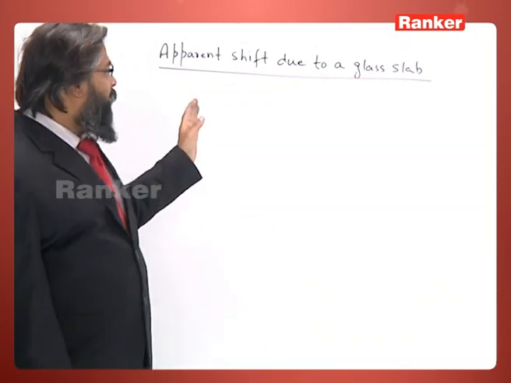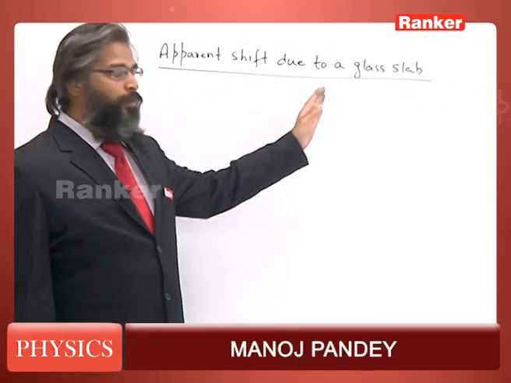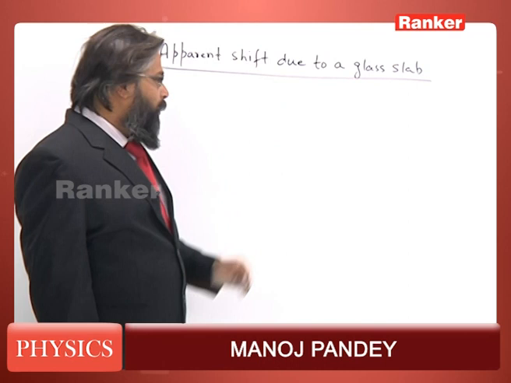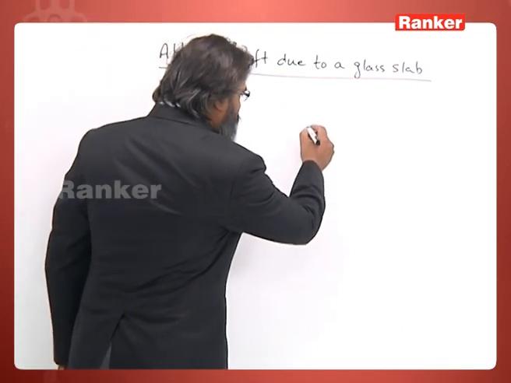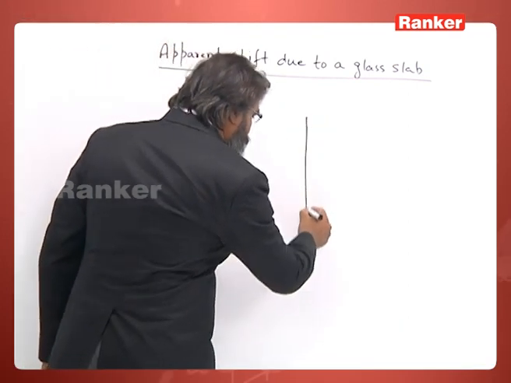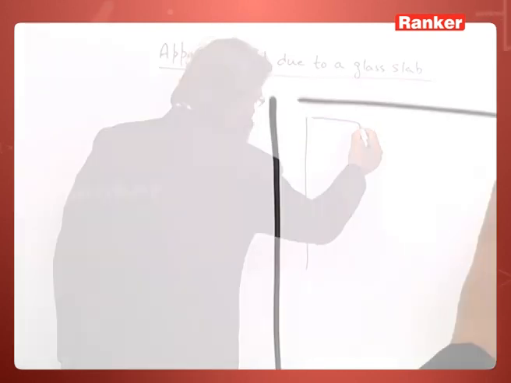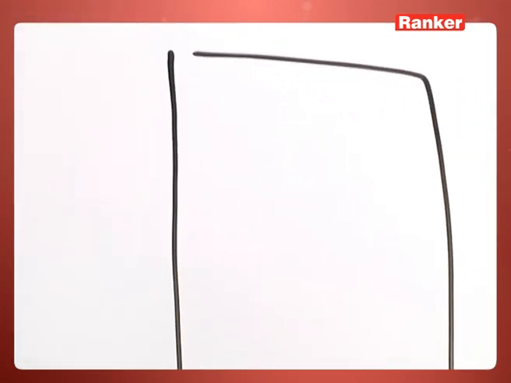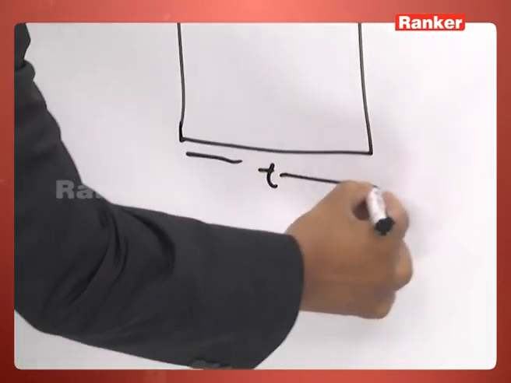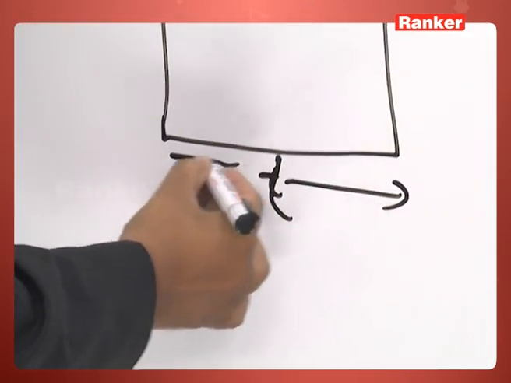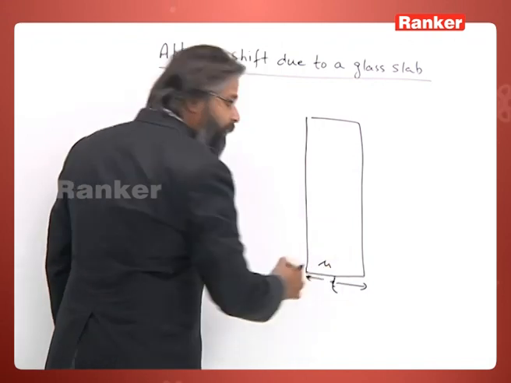Now let us see the apparent shift due to a glass slab. So let us take a glass slab of thickness t, with refractive index mu.